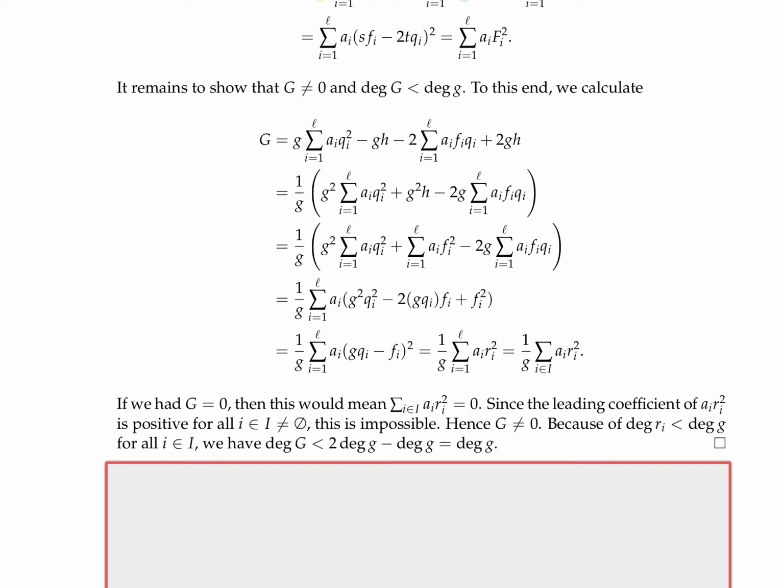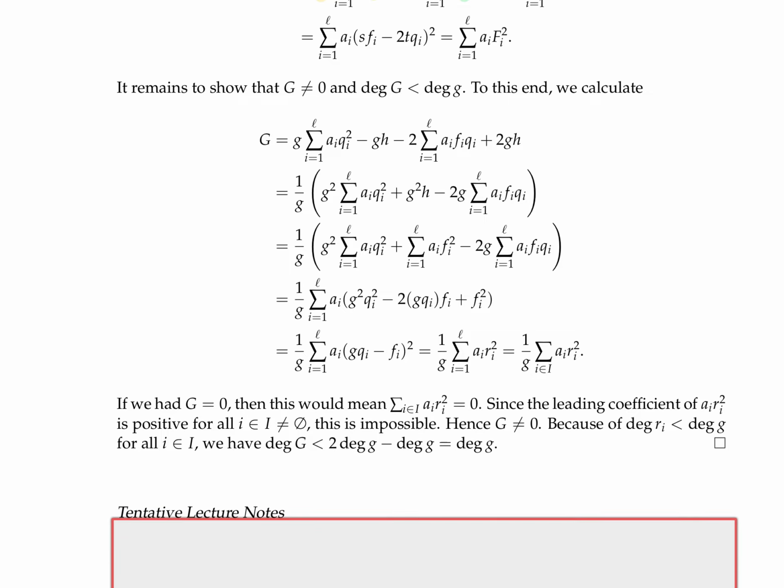And so you have g times capital G is the sum, so the degree of g plus the degree of capital G is the degree of the sum, right? And the degree of the sum is smaller than 2 times degree g, and so we have degree capital G is smaller than degree g, and we are done.